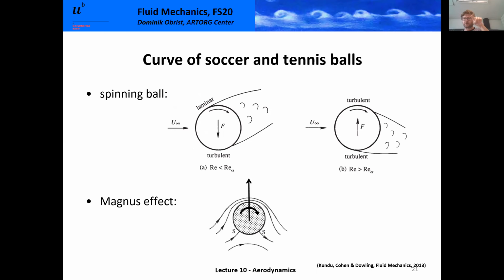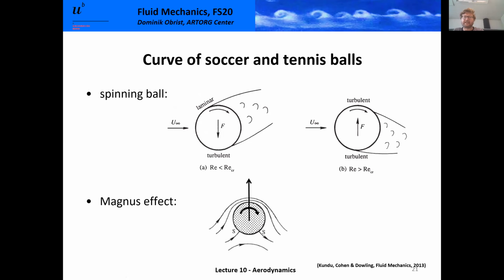We add an ideal vortex to it, which then accelerates the flow on the top and decelerates the flow on the bottom. And through Bernoulli, an accelerated flow will have a lower pressure than the decelerated flow down here. So we have a net force pointing up.